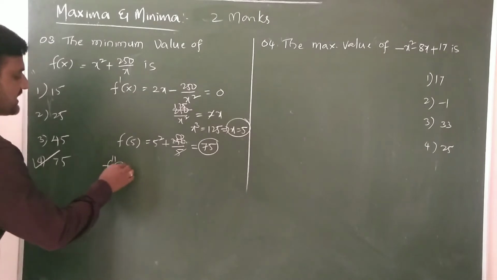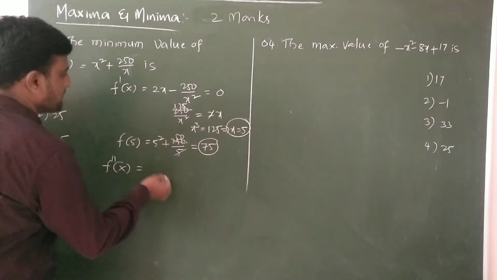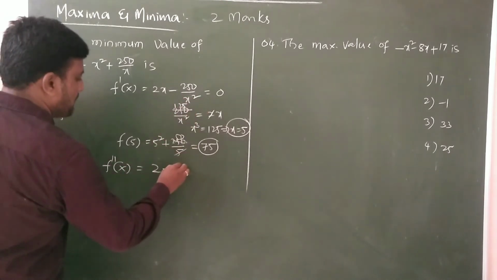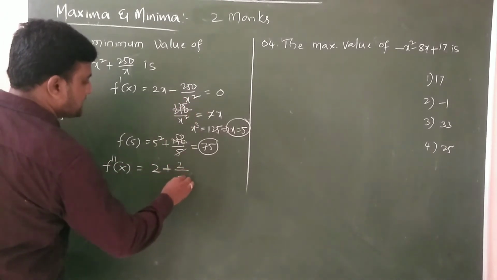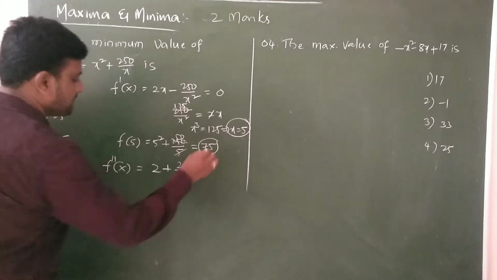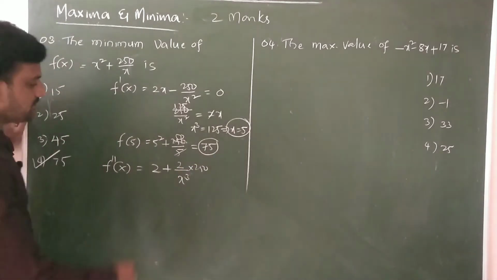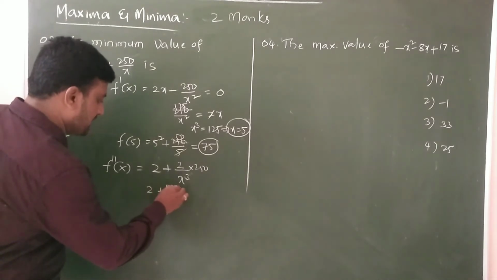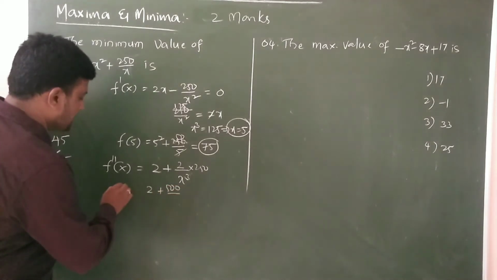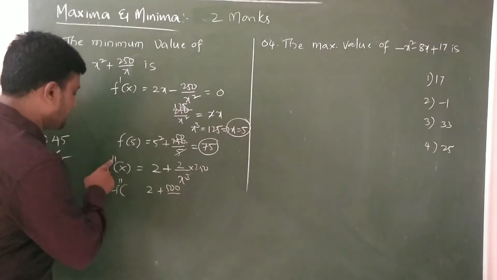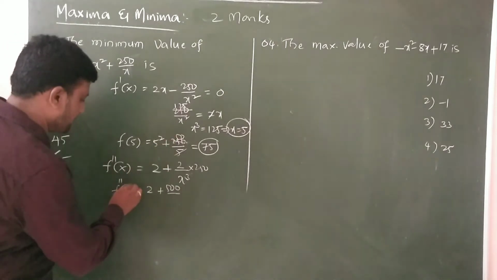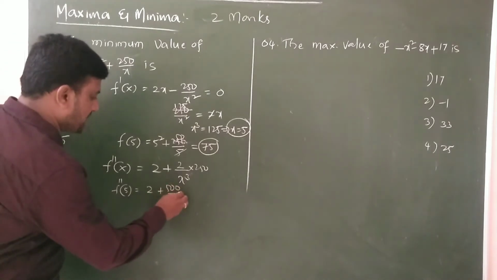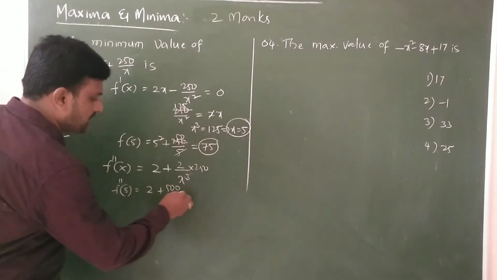f''(x) equals what? It is 2 + 2/x³ into 250, so 2 + 500/x³. Suppose we put x = 5 in f''(x), then that equals 2 + 500/5³.